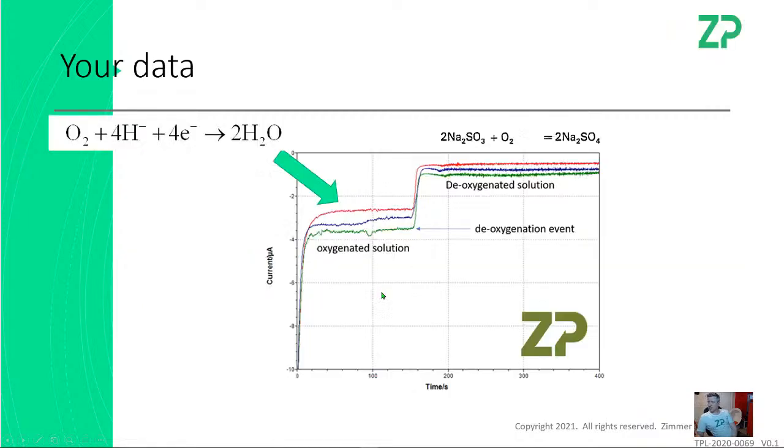Now with the oxygen sensor, the way it's working is we're actually applying a negative voltage and we're reducing the oxygen essentially to water. And then when we deoxygenate, the signal kind of goes from a magnitude of 4 here to a magnitude that's much closer to 0. So that's a sort of deoxygenation event.